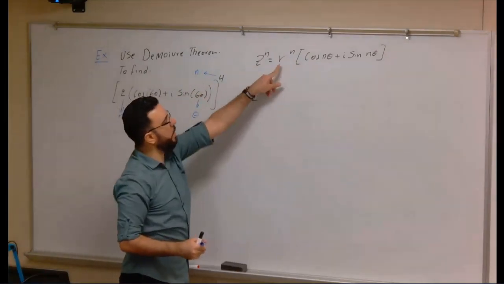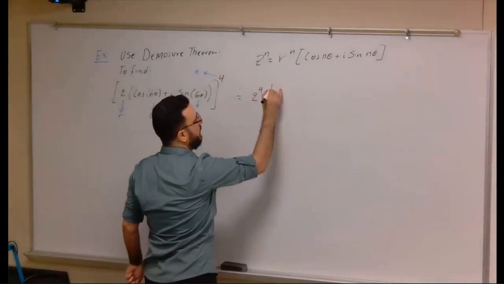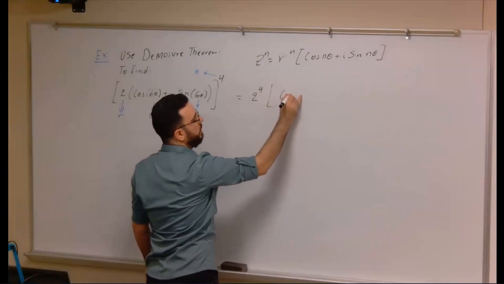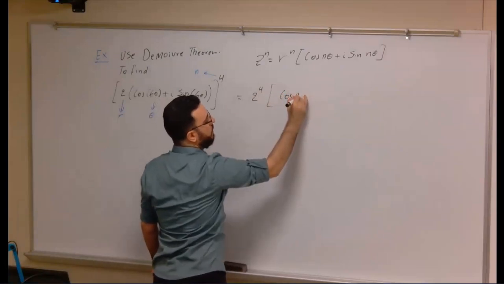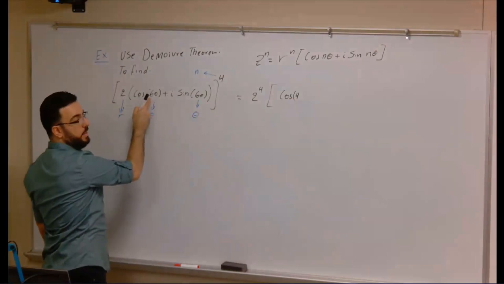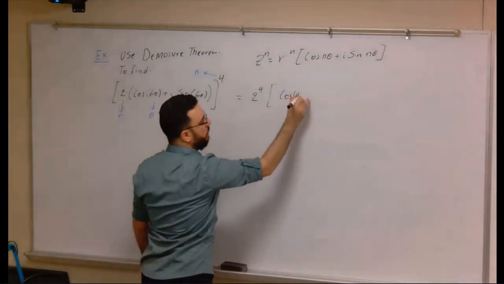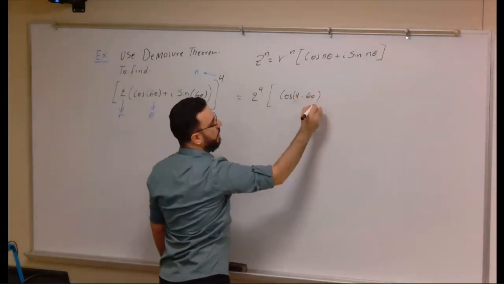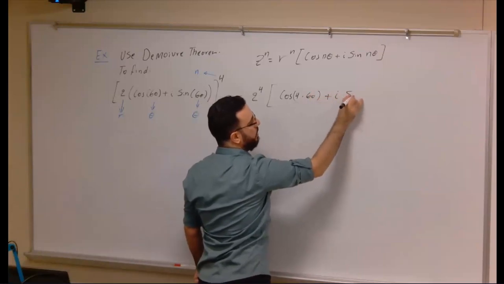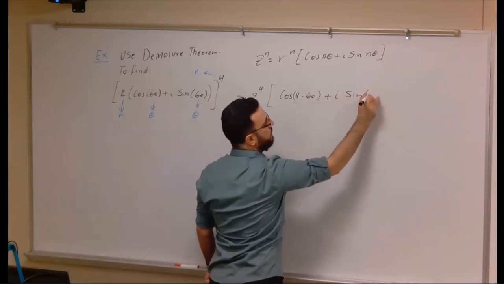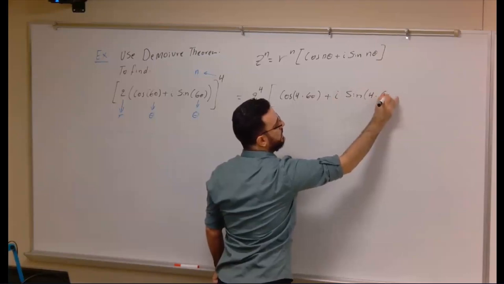So R to the power n, and then it's going to be cosine, n is 4, theta is what? 60, so 4 times 60, plus I sine, n is 4, theta is 60.